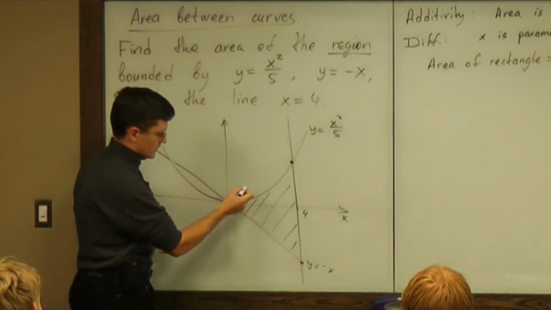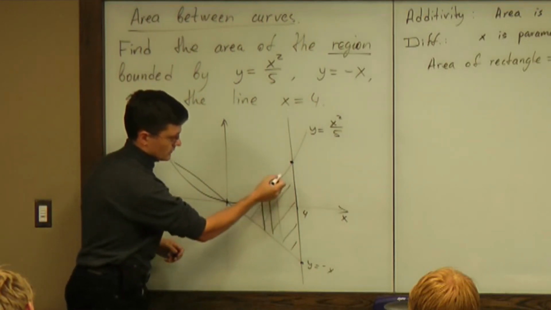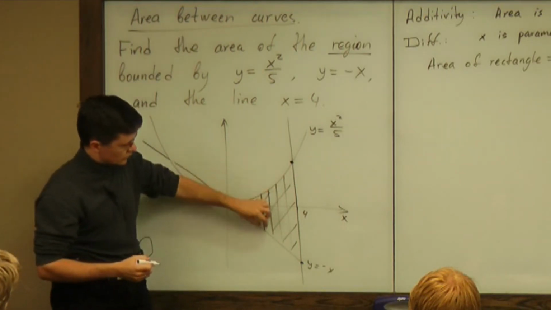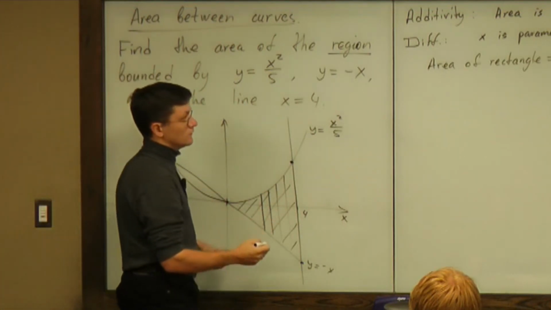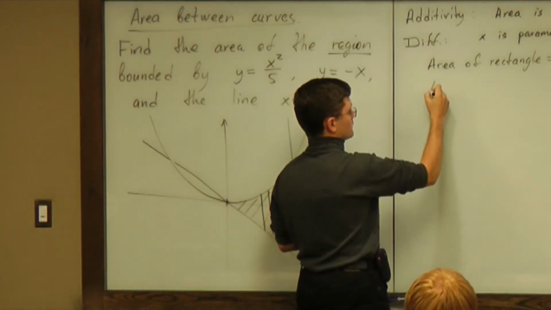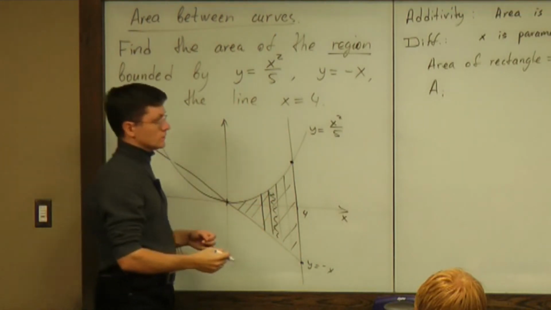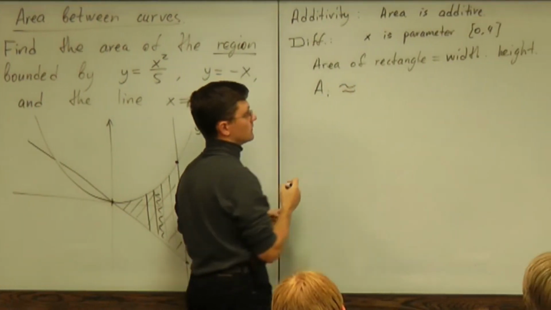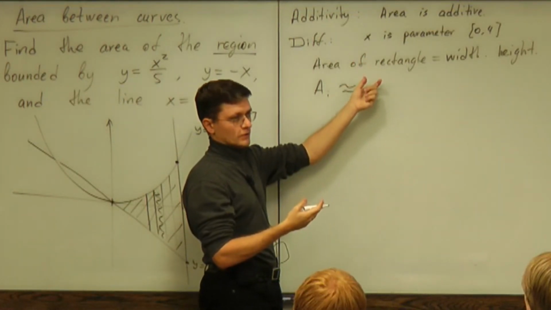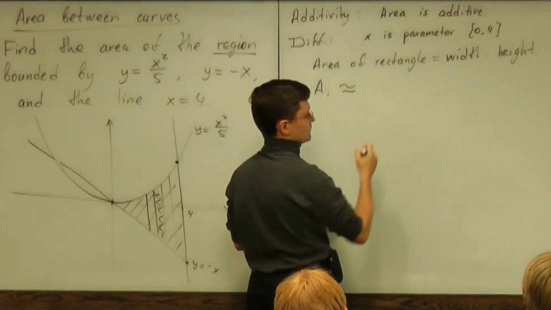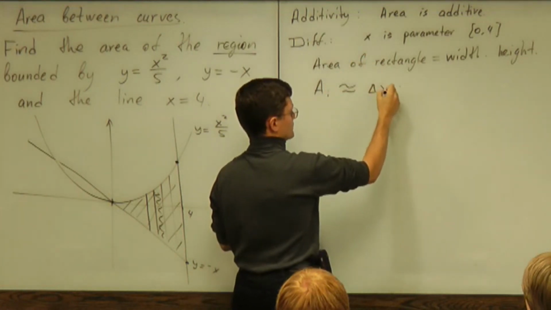And the idea now is that if I cut my region by vertical lines, then those vertical pieces will look like rectangles. And the area of such a piece is going to be approximately a product. So what I hope for from the point of view of integration is something times delta x.